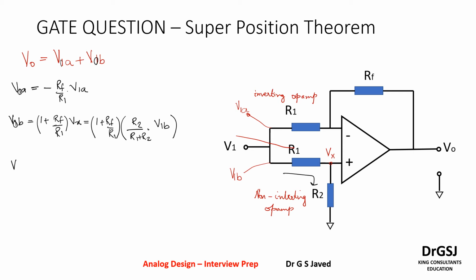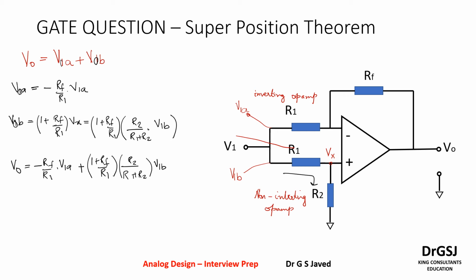So V out is now given as the sum of these two: minus Rf by R1 times V1A plus 1 plus Rf by R1 times R2 by R1 plus R2 times V1B.